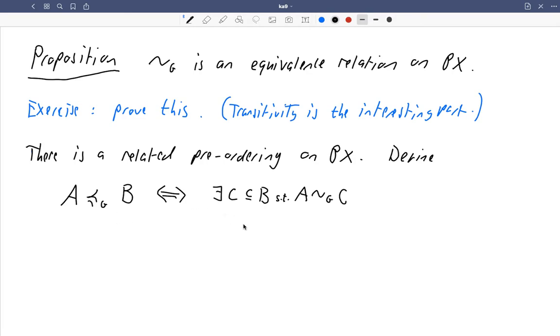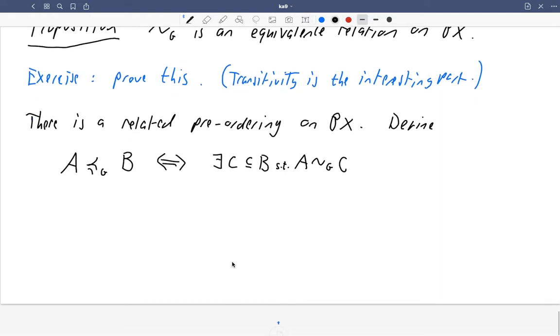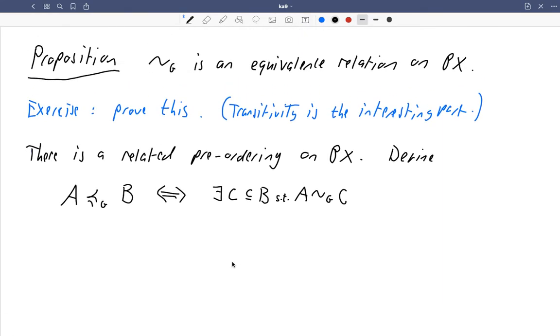If the equivalence relation were two subsets being in bijection, this preorder would be that A is in bijection with a subset of B, which is of course the same thing as there being an injective function from A to B. So here our equivalence relation is not the existence of a bijective function between the subsets, but rather that the two subsets are G equidecomposable.